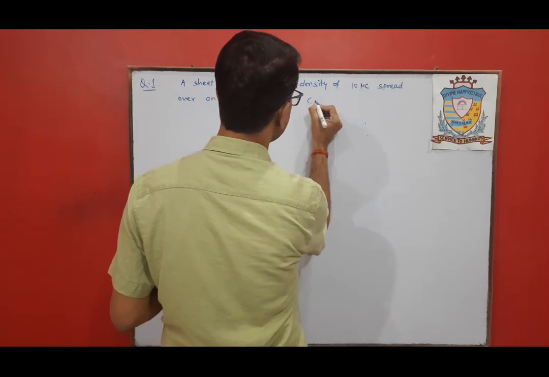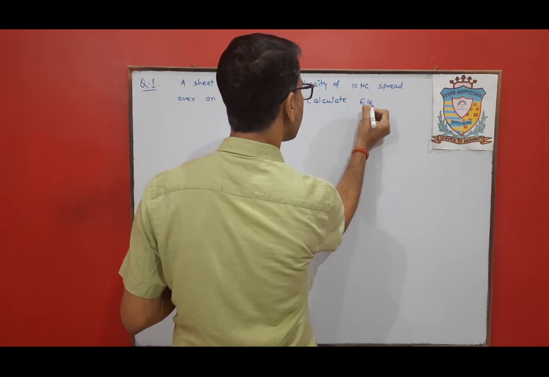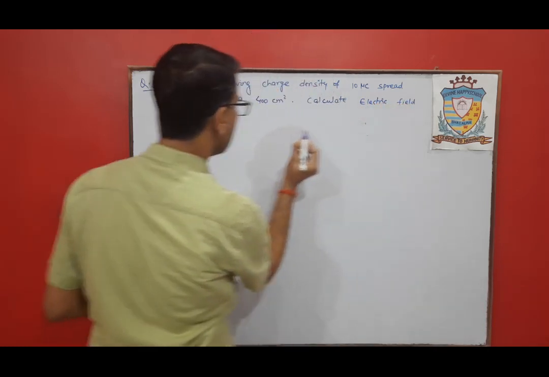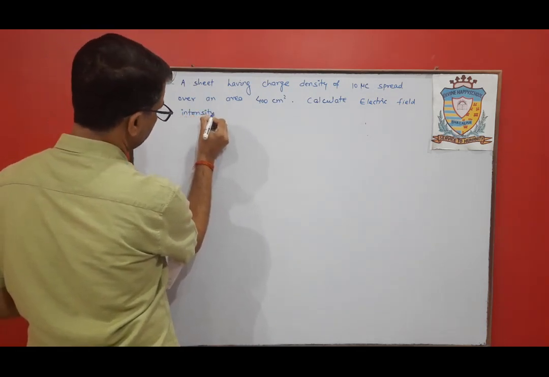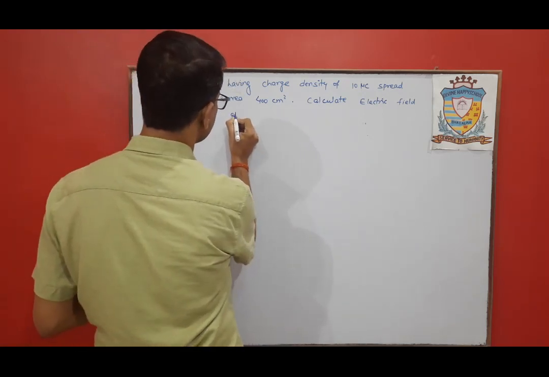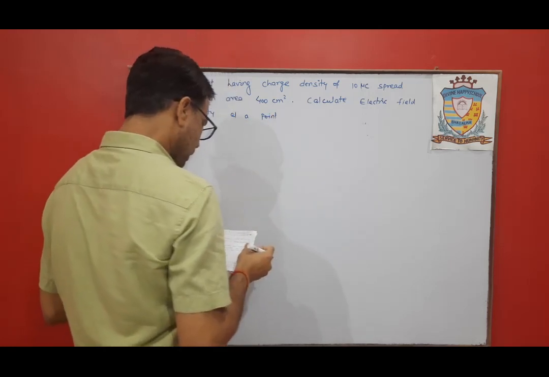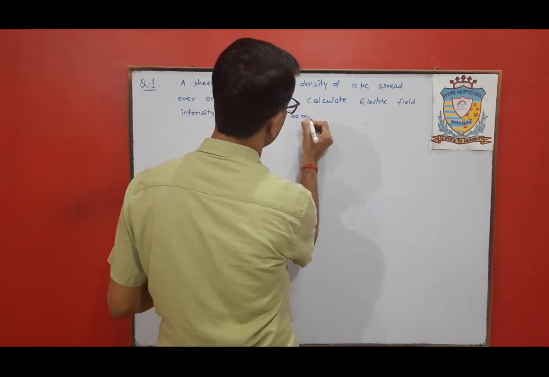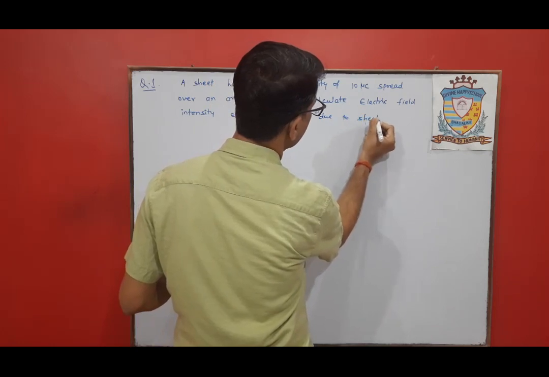Calculate the electric field intensity at a point 100 meter due to the sheet.